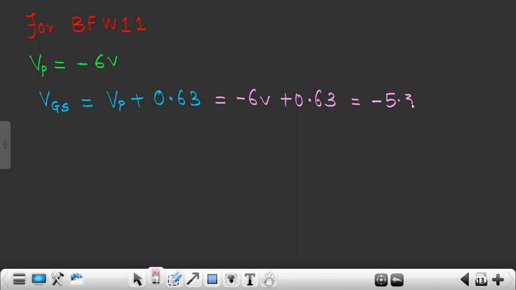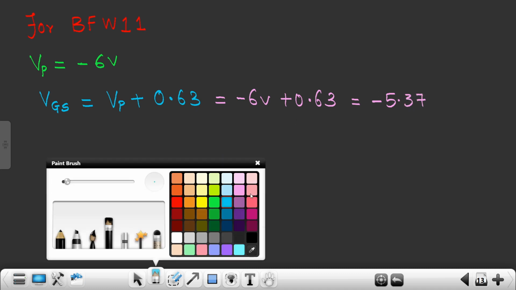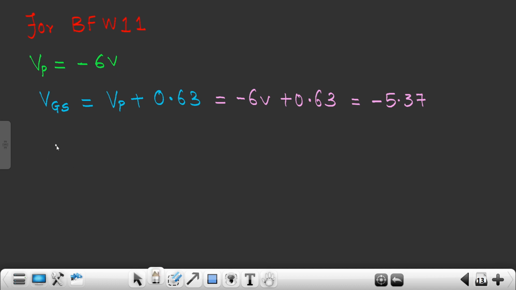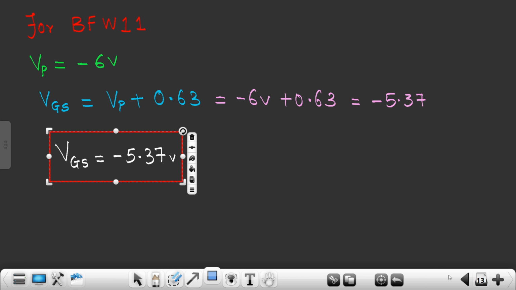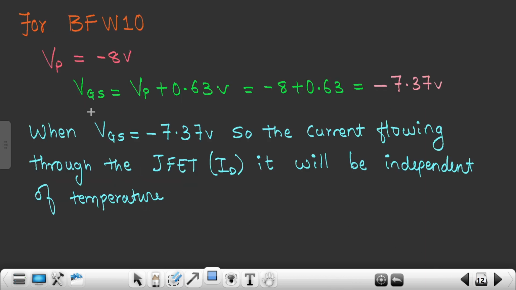So what we need to do is keep this particular VGS equivalent to minus 5.37 volts, to assure that there would be negligible effect of temperature on the current ID flowing through this particular JFET. Okay, so let me just highlight these two things. Yeah, VGS is equivalent to minus 7.37 volts for BFW10.